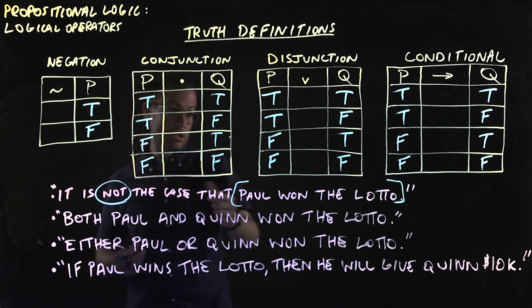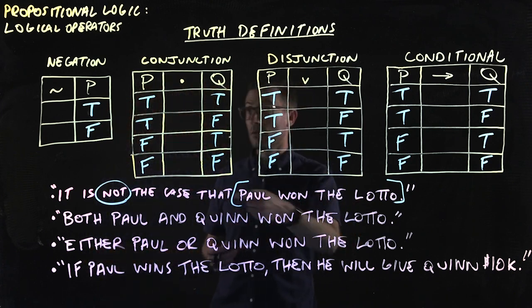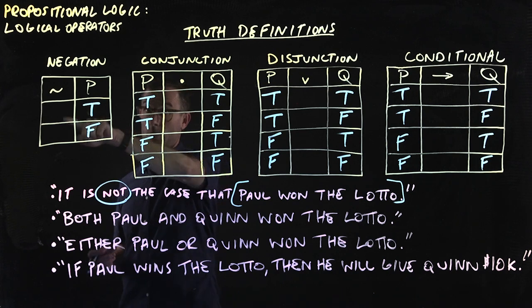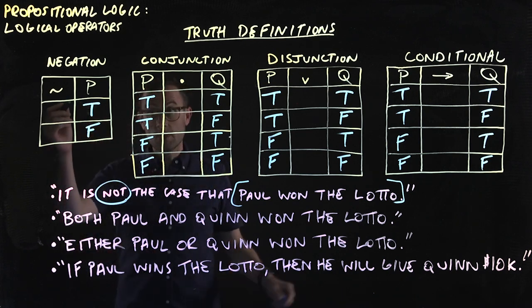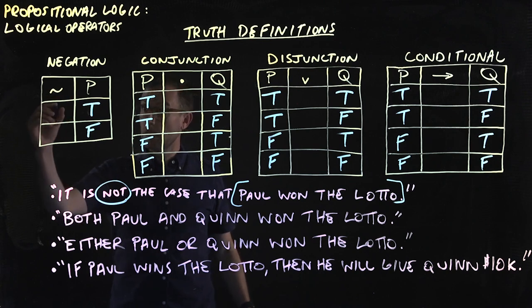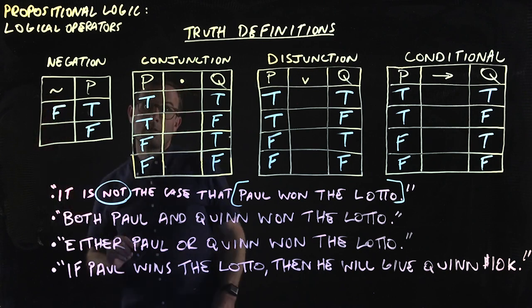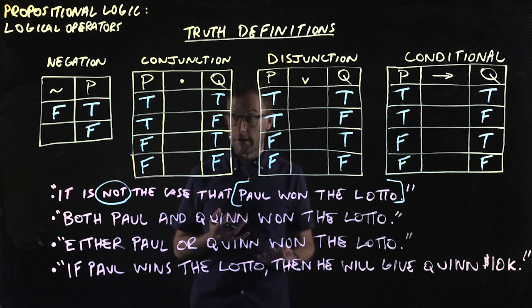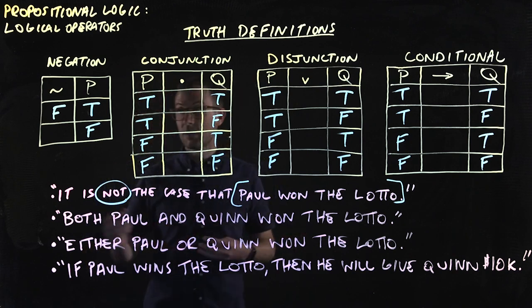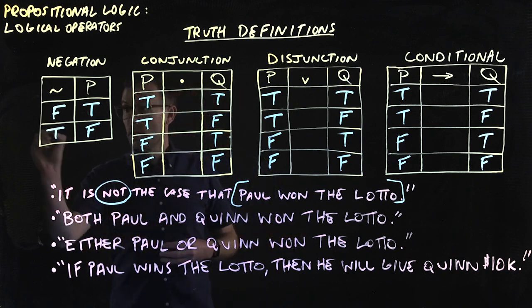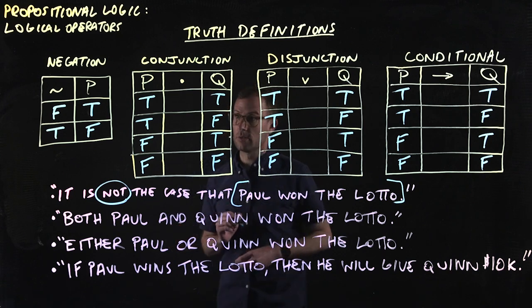If we have a simple proposition like Paul won the lotto, that could be true or false. So whenever we have negation, it just overturns these truth values. If it's true that Paul won the lotto and we're negating it, that would be false. If it's false that Paul won the lottery and we're negating it, it is not the case that Paul did not win the lottery, well, according to negation, we are just overturning that truth value.